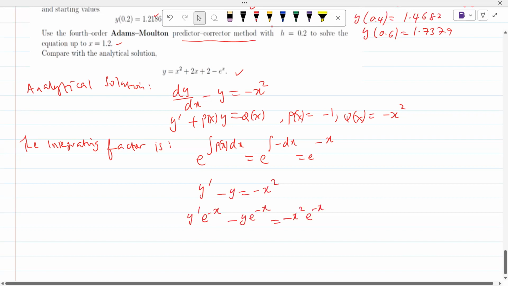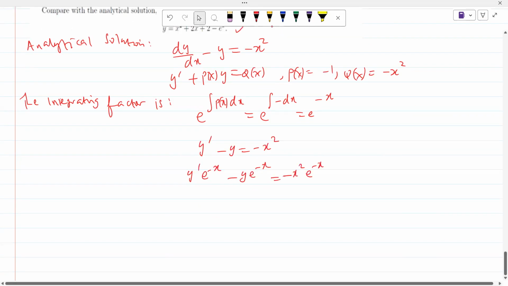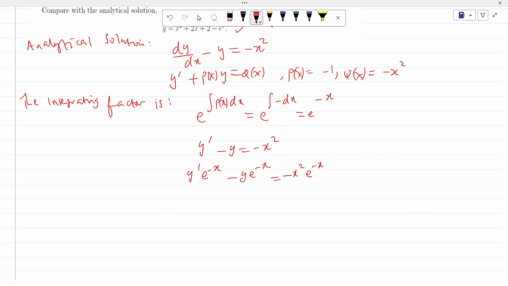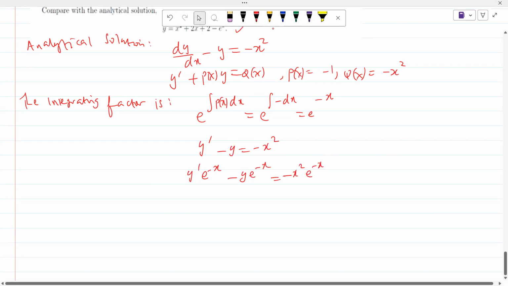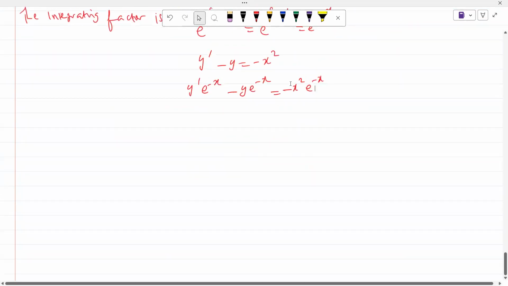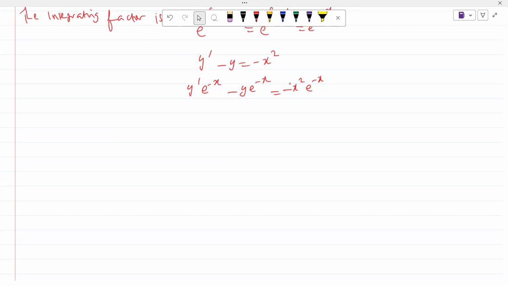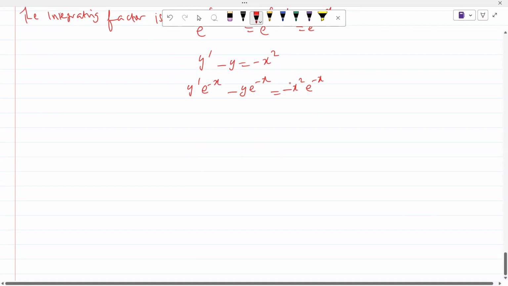Okay, I multiplied both sides of the given differential equation by the integrating factor. We're just showing how to solve this differential equation. It's not really a big deal in this course because that's mostly done in first year. Right, so with that, we are able to do the next thing. What do we do next?